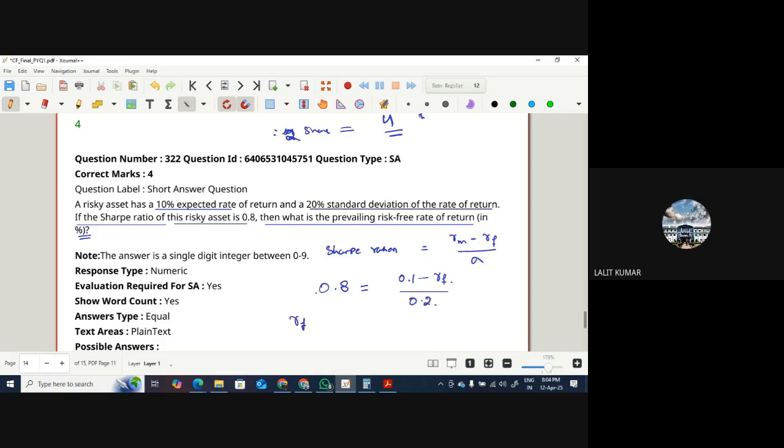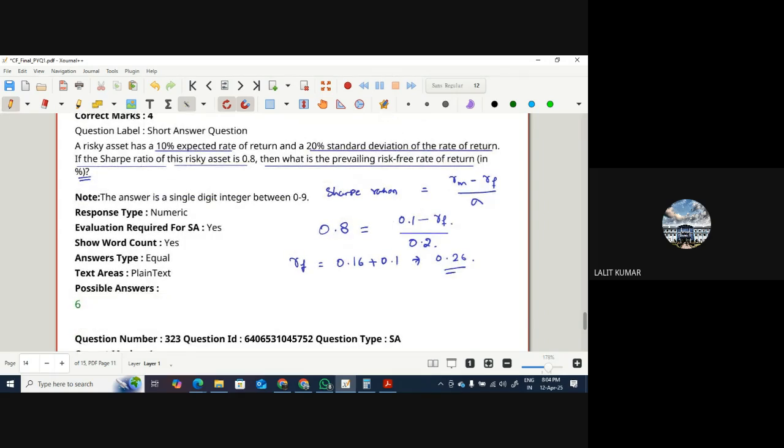Your RF is sigma minus 6%. Is this correct again? Check the answer, there is something wrong. Vivek, can you help me with this? We are making some mistake here.